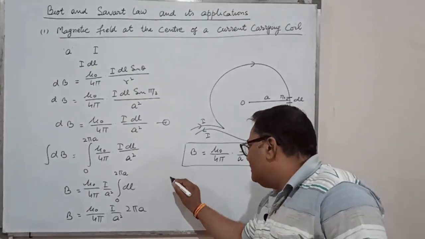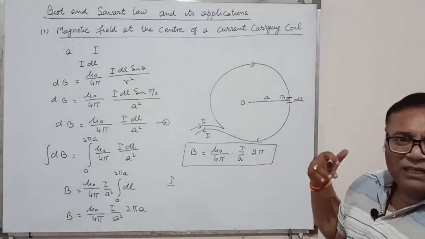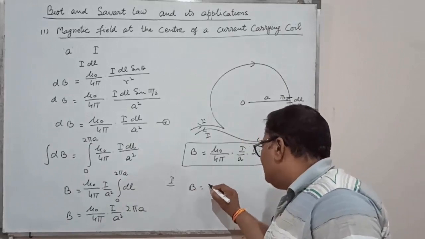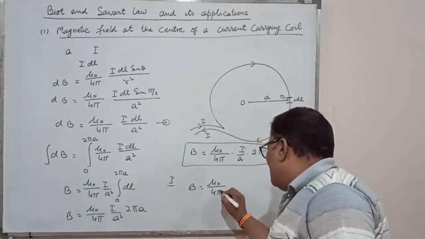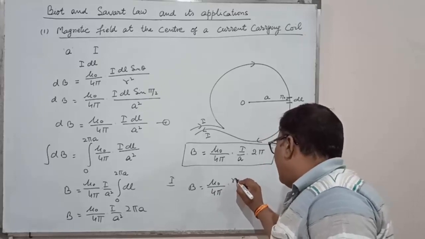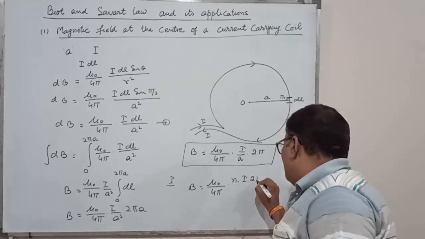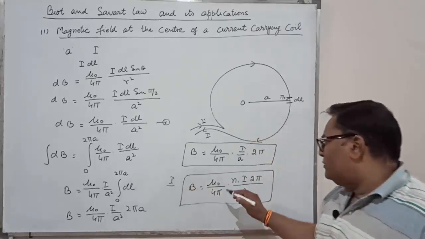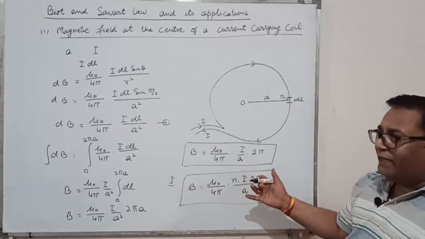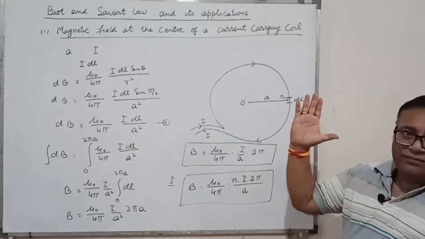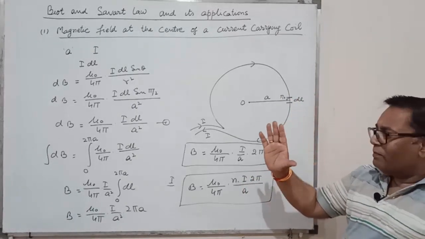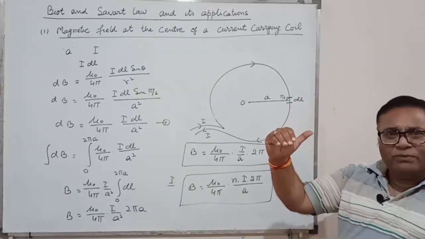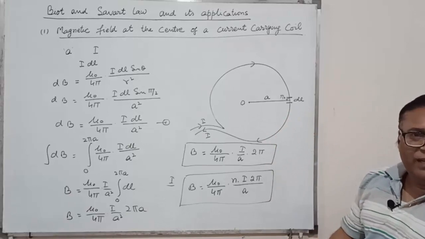Case first: if the coil contains n turns, then B equal to mu 0 upon 4 pi, n into I into 2 pi upon a. It means the magnetic field becomes n times, and this is a vector quantity. For direction, if we stretch our right hand in such a way that the thumb represents the direction of current and the fingers point to the point, then the bending of the fingers shows the direction of magnetic field at that point.